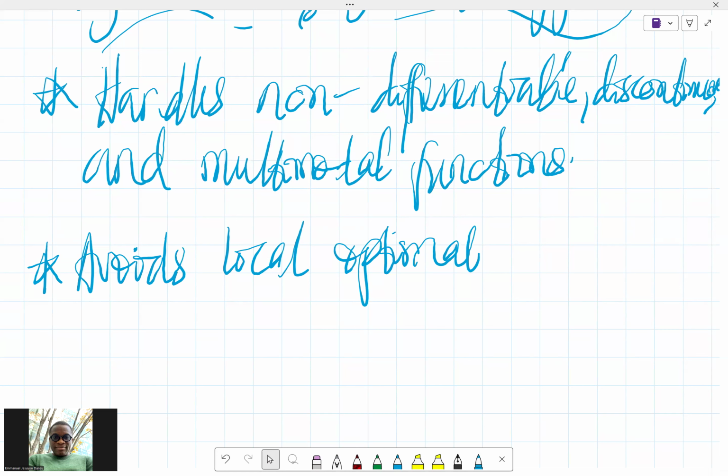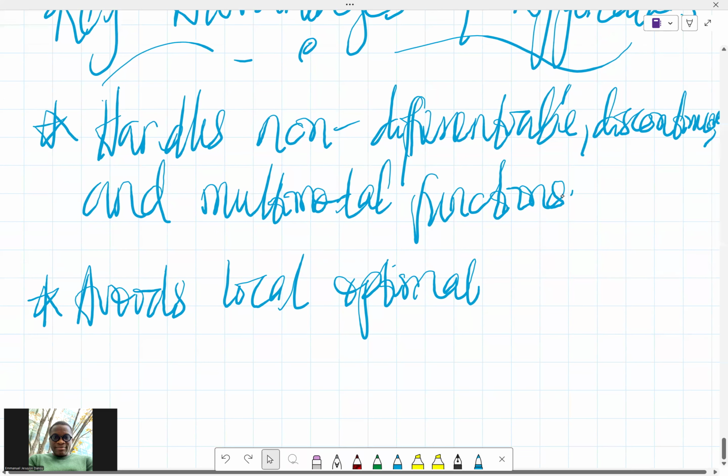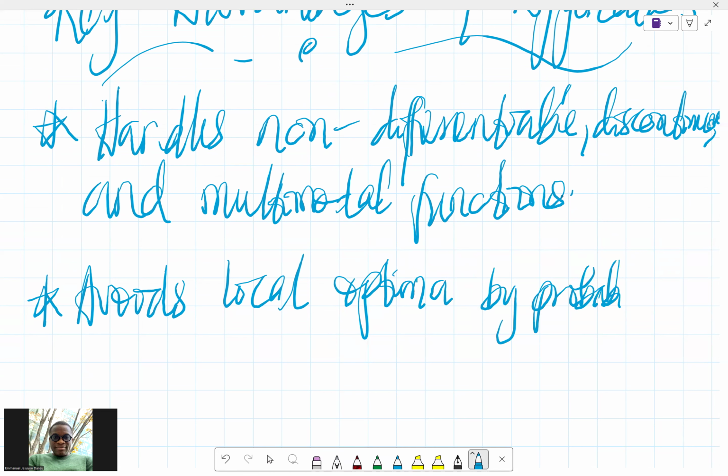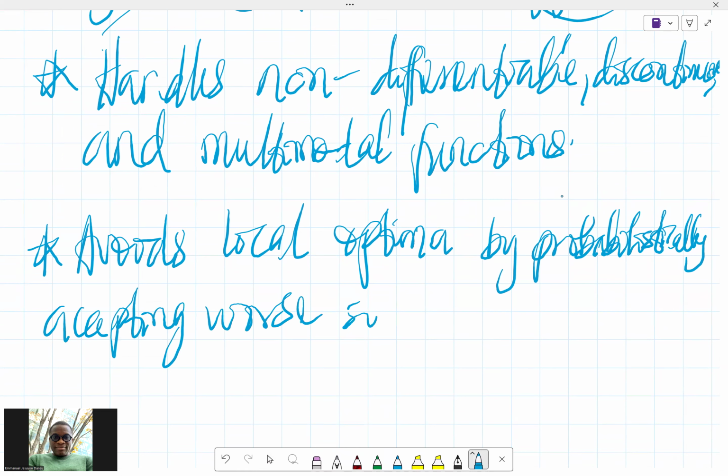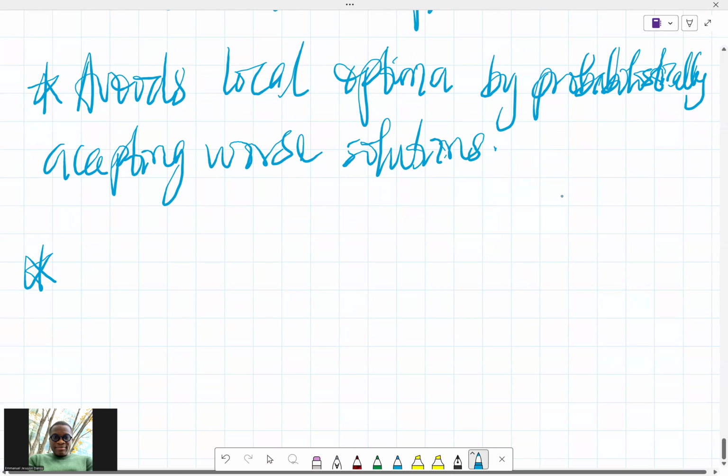So it avoids local optima by probabilistically accepting worse solutions. So it accepts a solution that is not good enough with a measure of probability, not with full assurance, you know, and then it keeps moving.